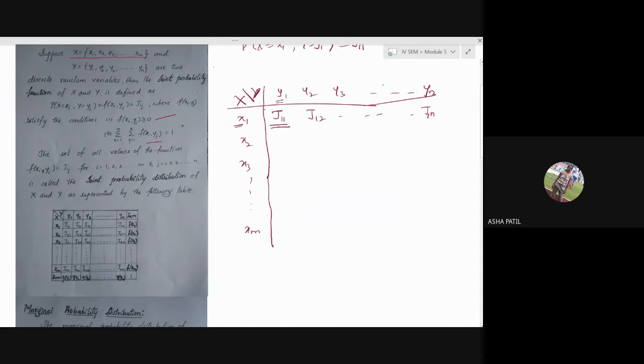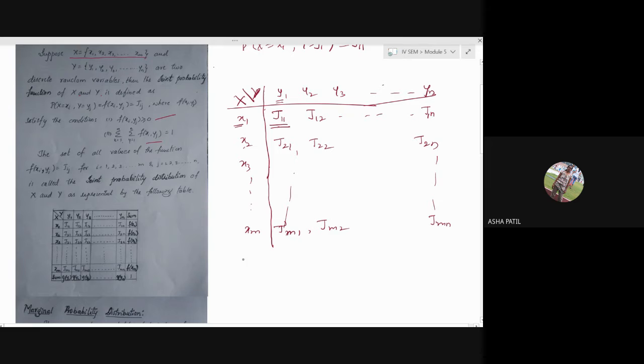If you go for the next one, x equal to x2, y equal to y1, we'll have J21, J22, so on up till J2n. This continues up till the last row, at x equal to xm and y equal to y1, then Jm2, so on up till Jmn. This is called the joint probability distribution table.